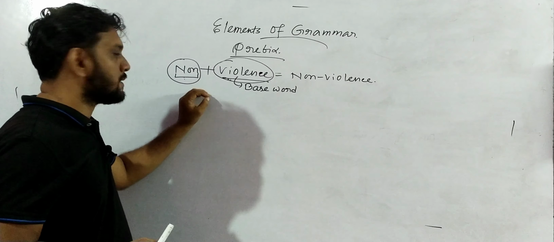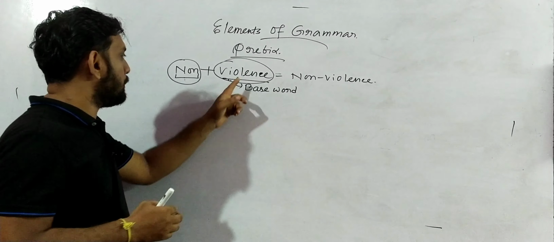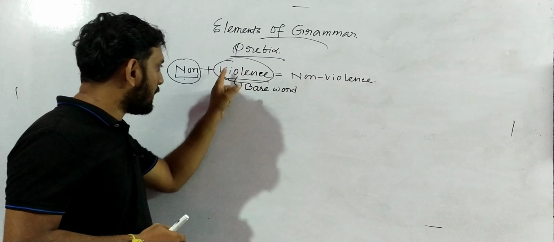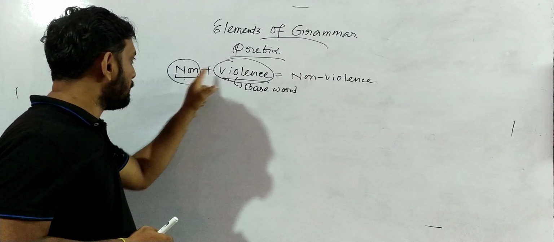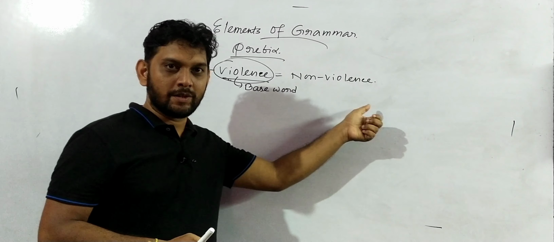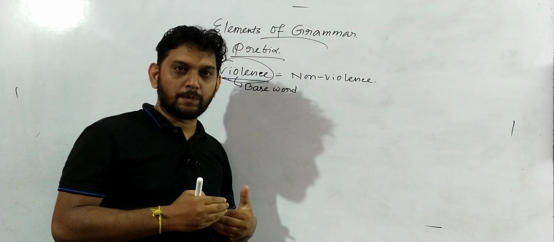So prefix means a letter or a group of letters added before the base word. Base word is violence, and we have added non before it, and it becomes a new word, non-violence. Are you getting my point? This is called prefix.